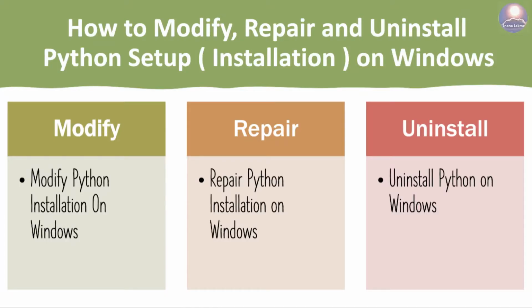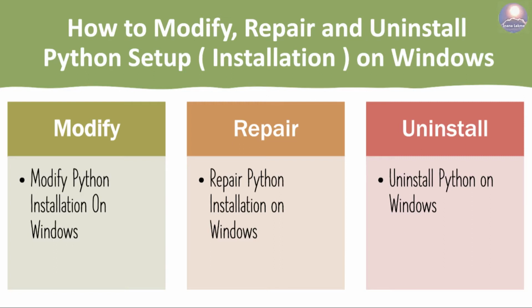Please make sure the user has admin privileges to do these maintenance activities. I assume that you know how to download the Python release from the Downloads website, install Python software on Windows, and validate the installation by doing the tests.